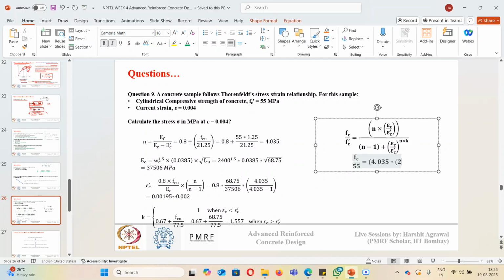So this whole upon n minus 1, 4.035 minus 1, plus 2 to the power n into k, 4.035 into 1.557.